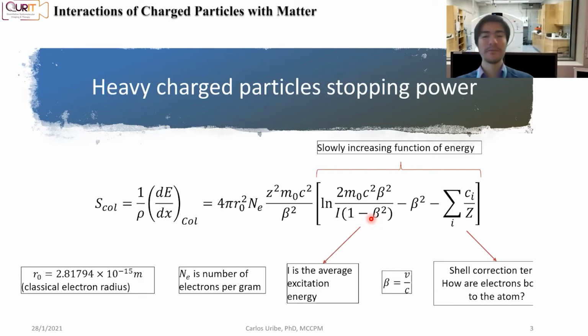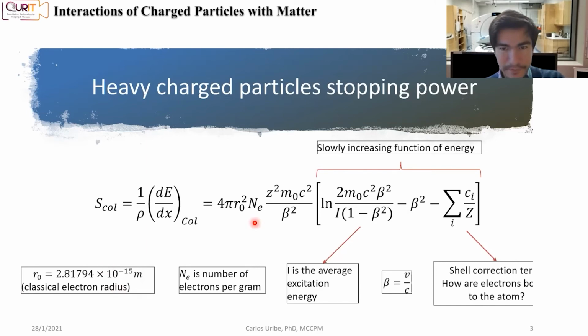What is the average excitation energy of those different electrons in the medium? That's what this I stands for. We have to worry about the number of electrons that you have per gram. The more electrons you have there, the more interactions that a particle traveling in the medium can have. And then there's this constant, called the classical electron radius, and it has that value.